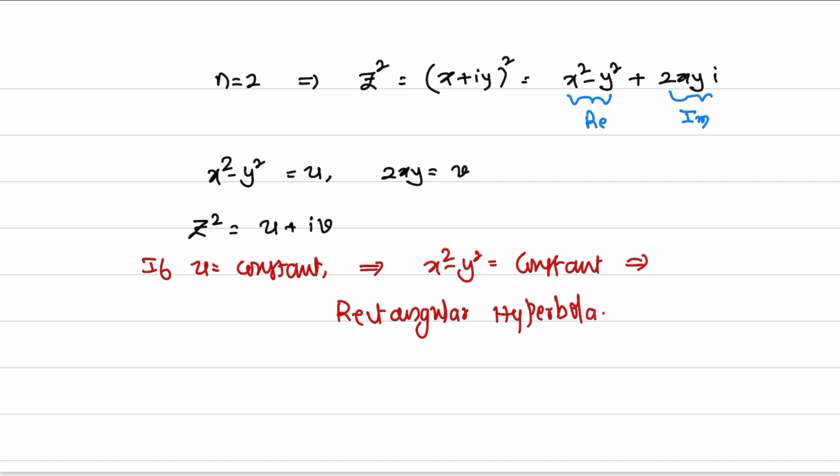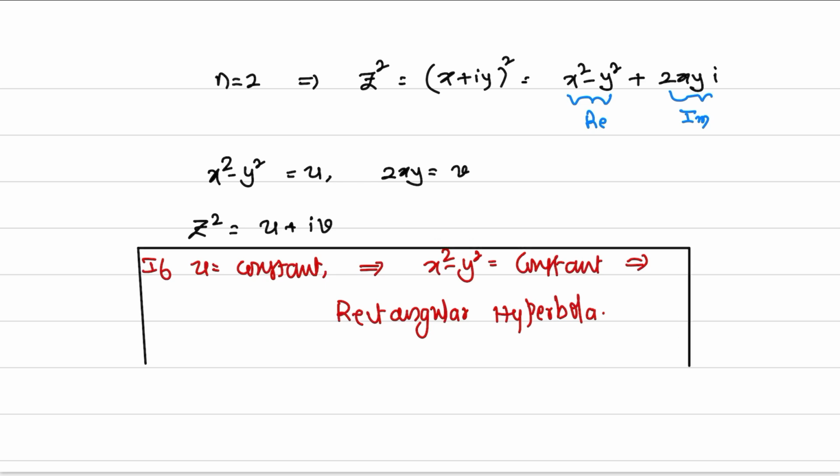This can be a JEE Main question, may be useful for JEE Advanced also. The question can be framed in this way, stating that if z is a complex number, then for z square, if the real component is constant, it represents what? It represents a rectangular hyperbola.